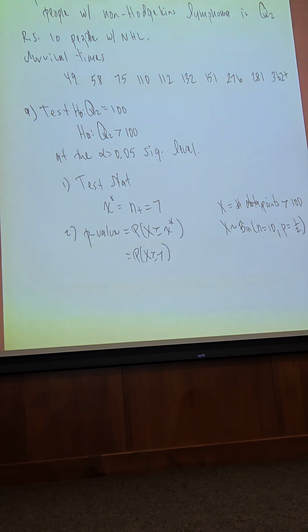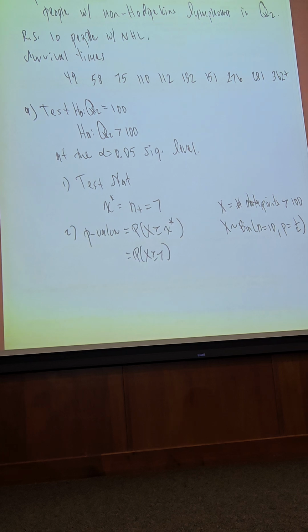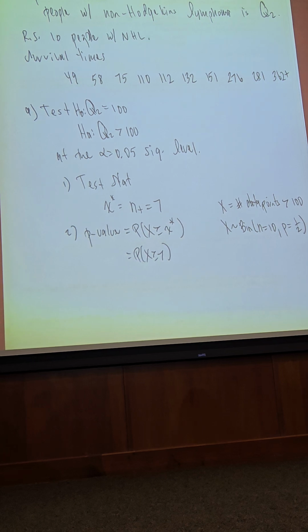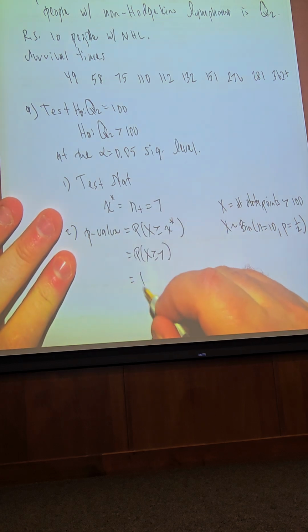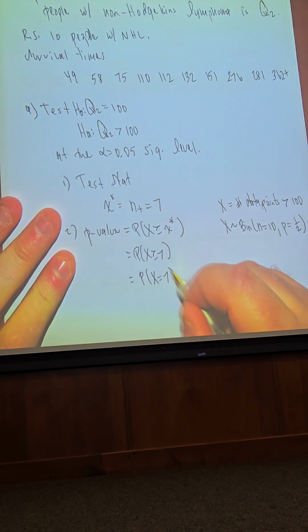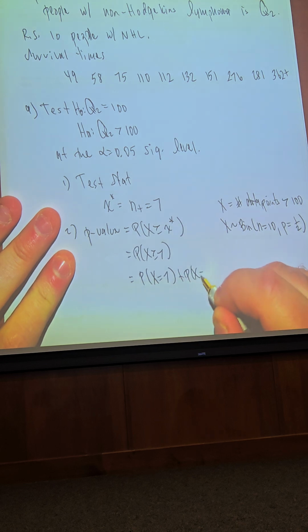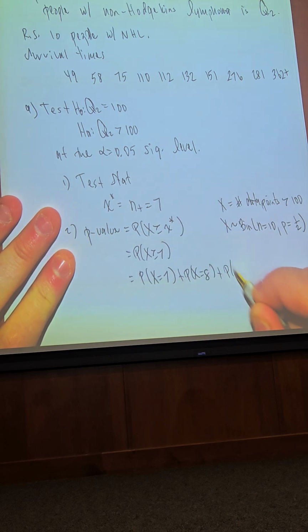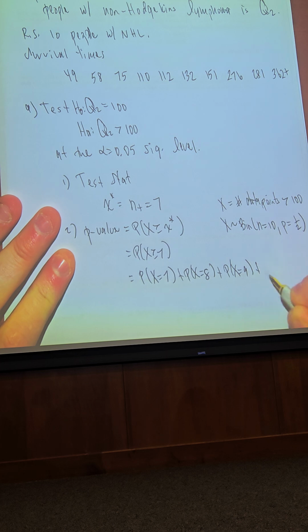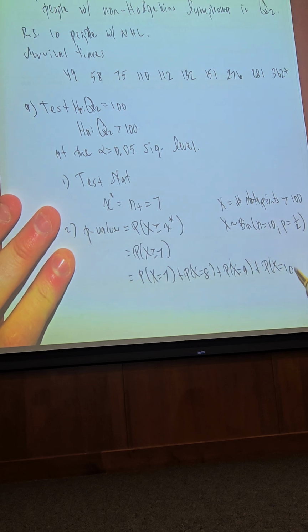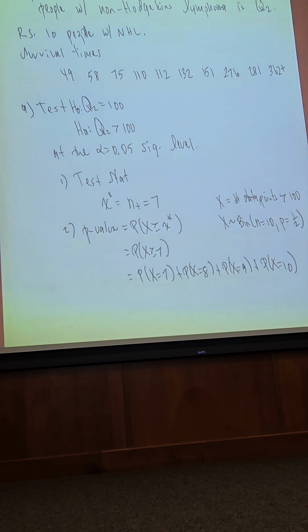Can you find the probability X is greater than or equal to 7? Of course. The brute force way would be to find the probability X equals 7 plus the probability X equals 8 plus the probability X equals 9 plus the probability X equals 10.